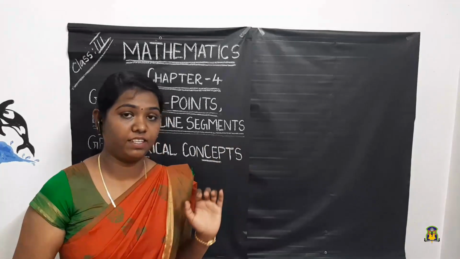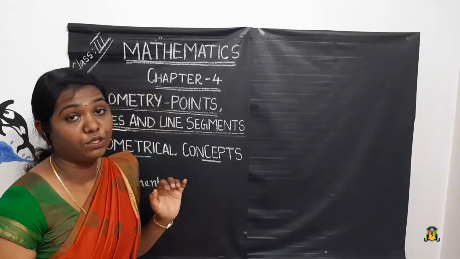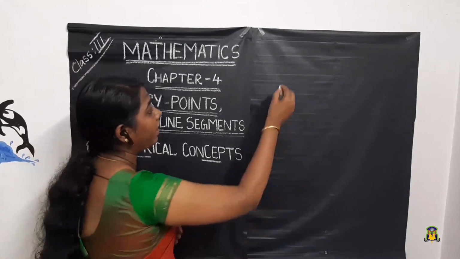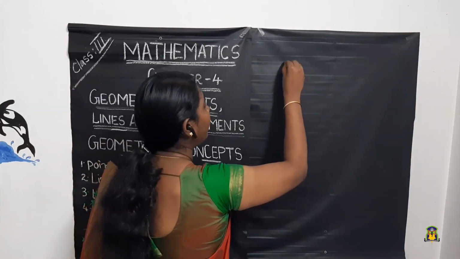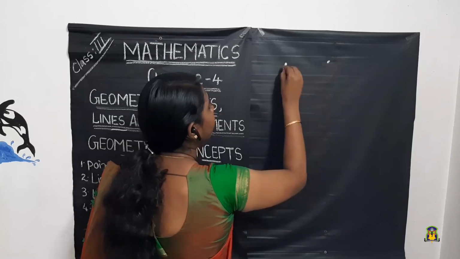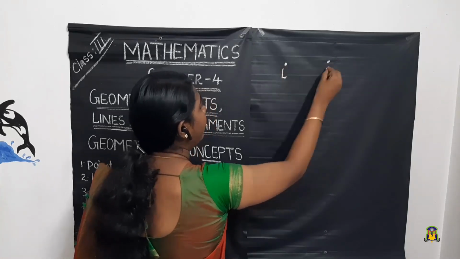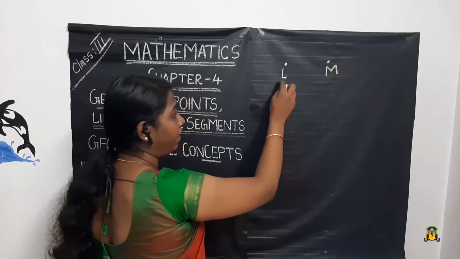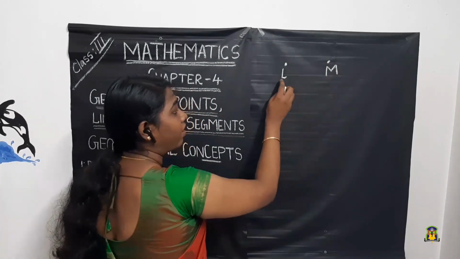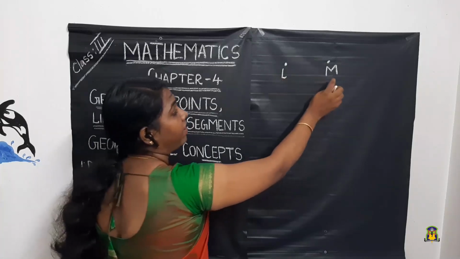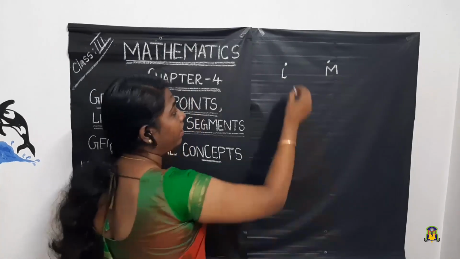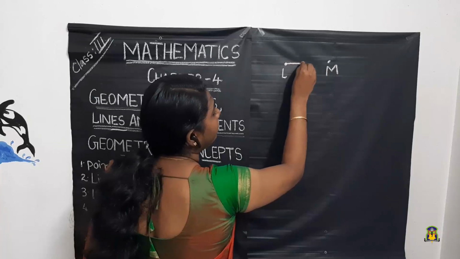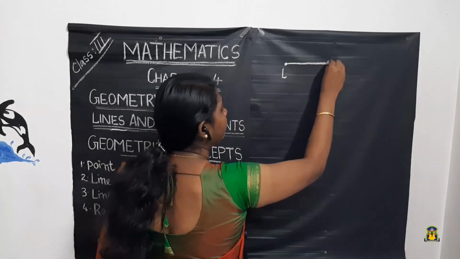Okay, we can see how we will draw a ray. So here again I am going to make 2 points and I named them L and M. 2 dots I have made, and we call them point L and point M. Now I am going to join these 2 points.